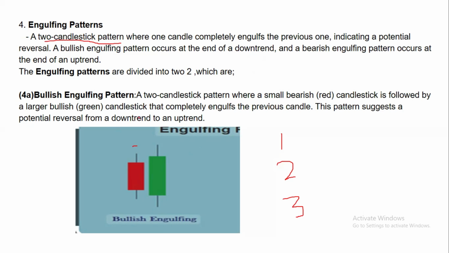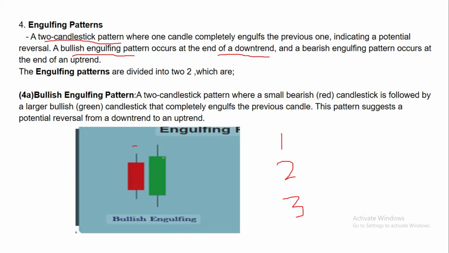That's for the engulfing pattern, indicating a potential reversal to the downside, or, a potential reversal when the bullish engulfing candle occurs at the end of the downtrend, right?